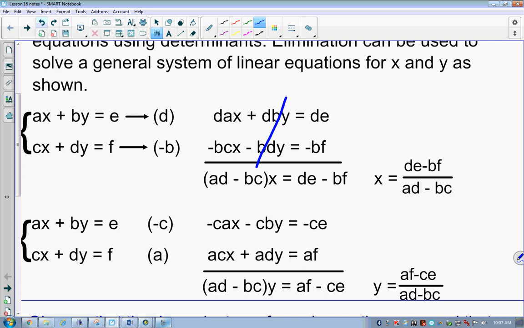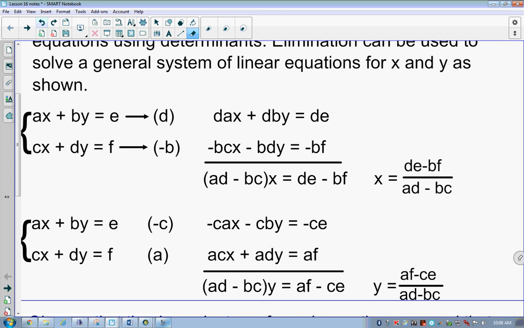They might do it a little differently in here, but when I multiply d times all of that, distributing d to everything, I get dax plus dby equals de. Down here, I distribute the negative b to everything, so I get negative bcx, negative bdy, negative bf. So far, do you follow me? All they're doing here is using elimination, and then we add.